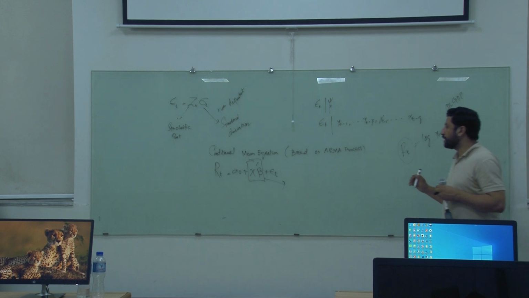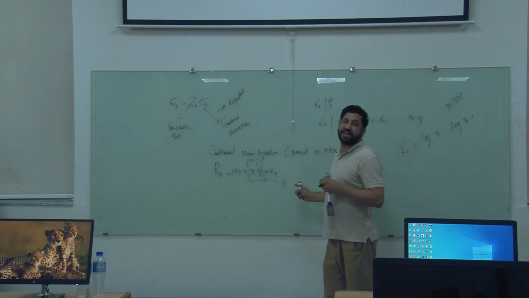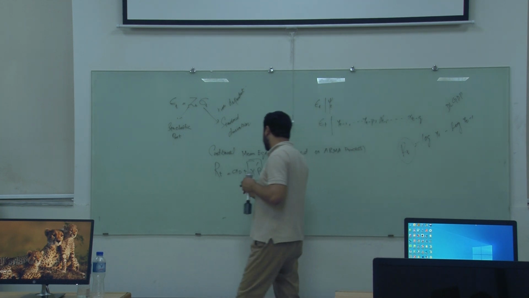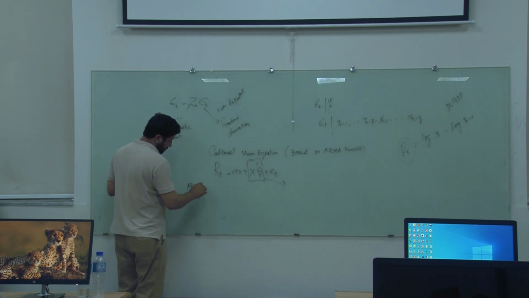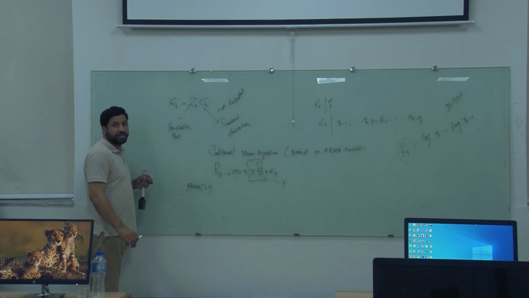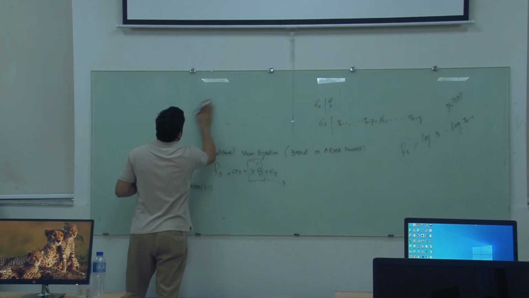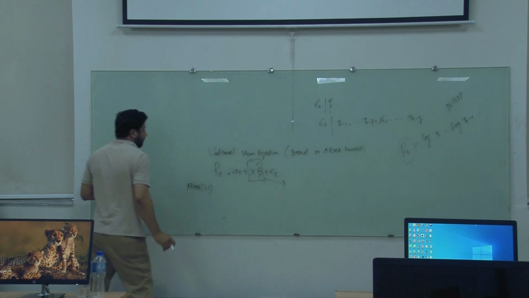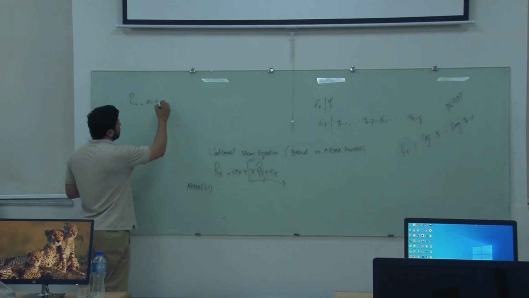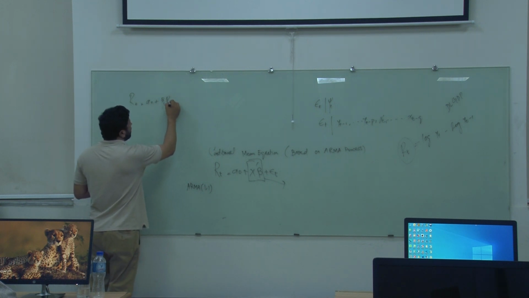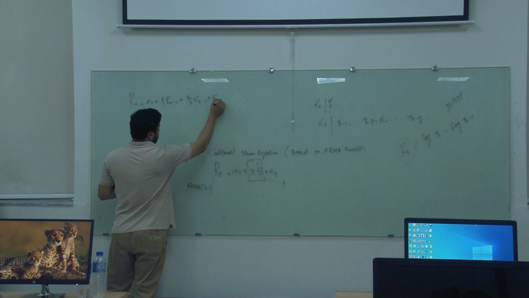It means there is one lag of RT and one lag of the error. So we write it like this: RT is alpha naught plus beta 1 RT minus 1 plus beta 2 error T minus 1 plus error.